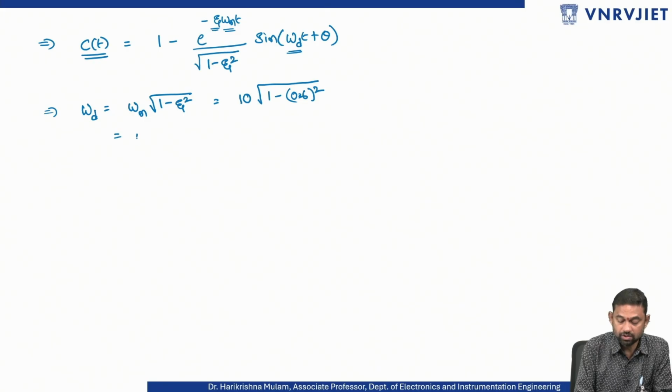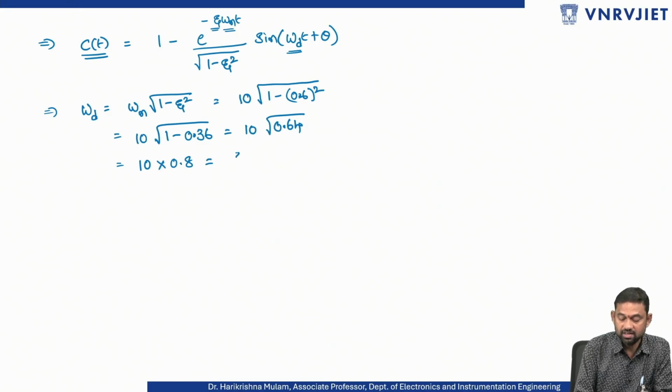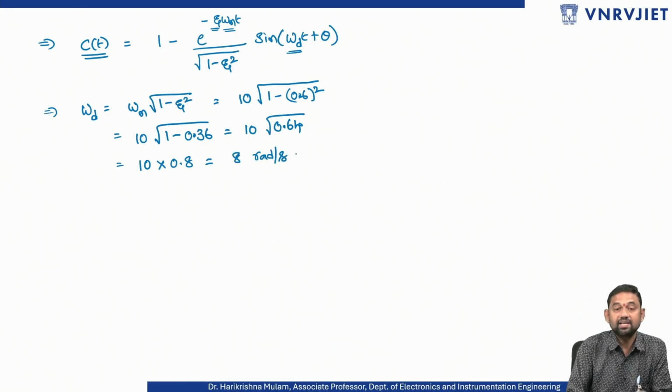That is 10 times square root of 1 minus 0.36, which is 10 times square root of 0.64, which is 10 into 0.8, which is 8. So omega d is 8 radians per second.